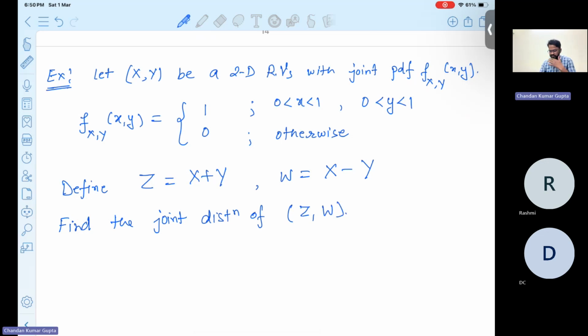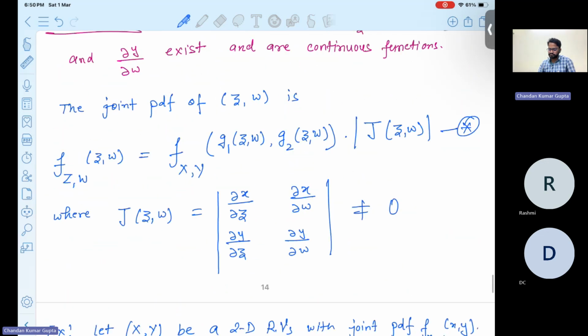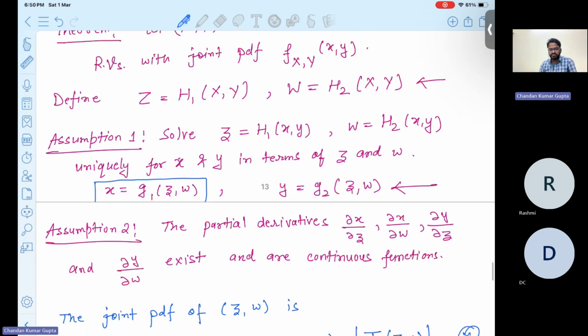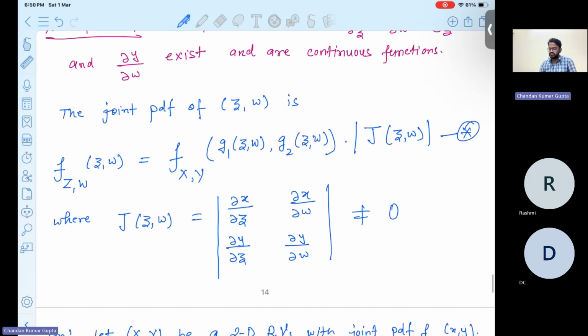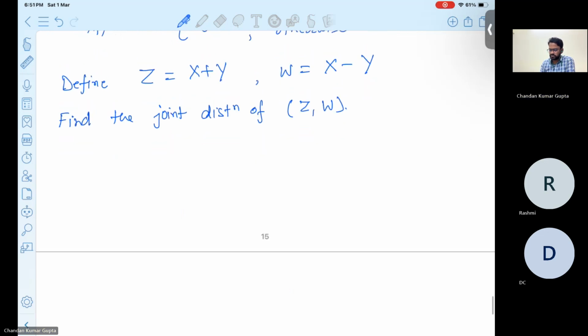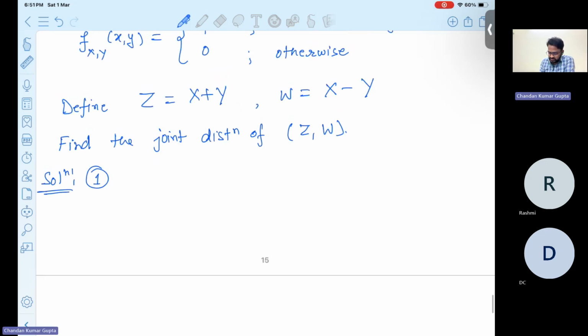Using the above theorem, we first check whether the two assumptions hold or not, and if they hold, we use the star expression to calculate the joint distribution of z and w. Here z equals x plus y and w equals x minus y. Then we write the transformation equation.